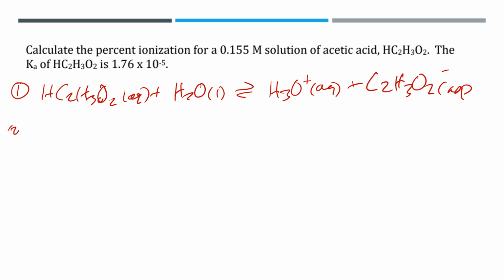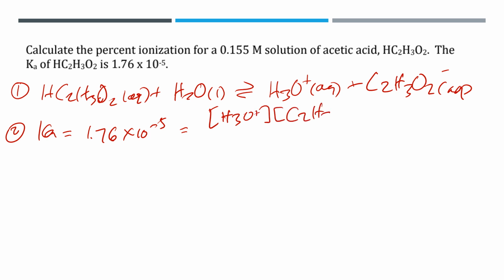So what is my expression? K sub A, which equals 1.76 times 10 to the negative 5, which equals the hydronium ion concentration times the acetate ion concentration divided by the concentration of acetic acid.